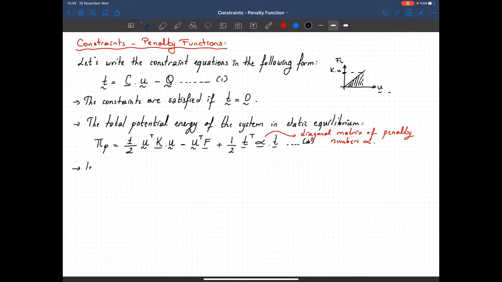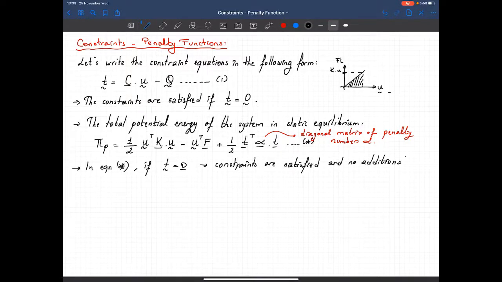In equation star, if all the constraint equations are satisfied, which is said by T equal to 0, constraints are satisfied, and no additional energy is added to the system.